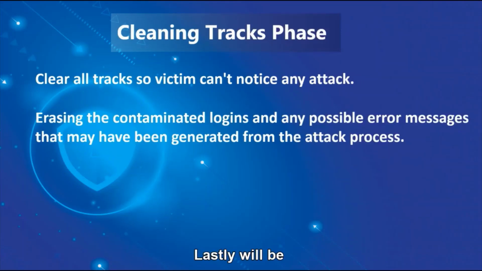Lastly, will be to cover the tracks. Once the attacker gains access and has gone through all the previous phases, the final step will be to cover the trace. They are doing this to cover up their tracks, to escape the security personnel, and normally to cover up traces in the system.